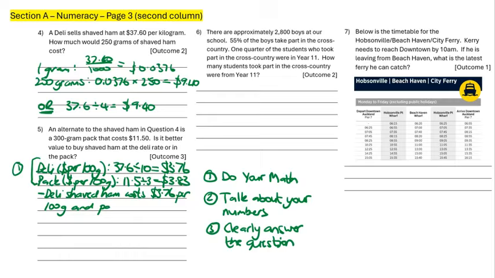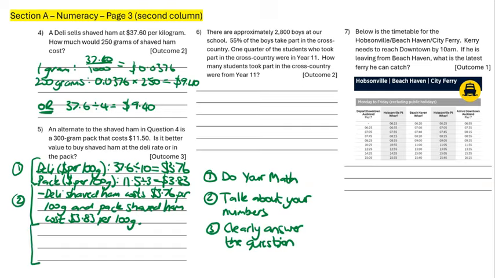And pack shaved ham costs $3.83 per 100 grams. So notice I haven't answered the question there. I was literally just explaining what those two numbers were. So that's the second part of answering a learning outcome 3 question.